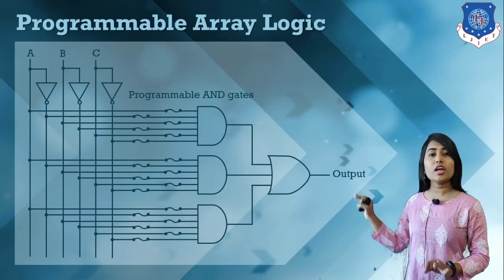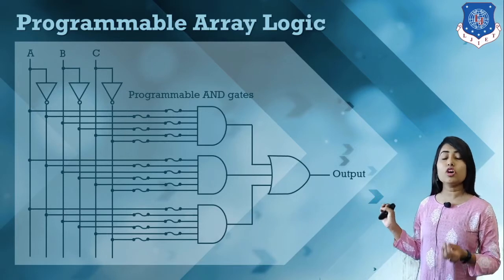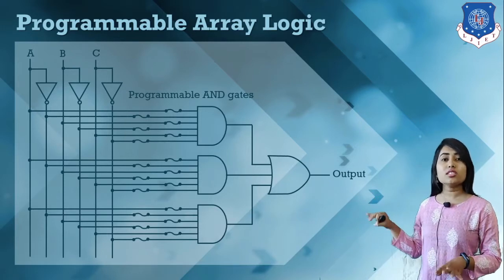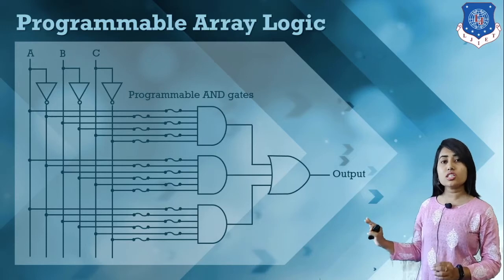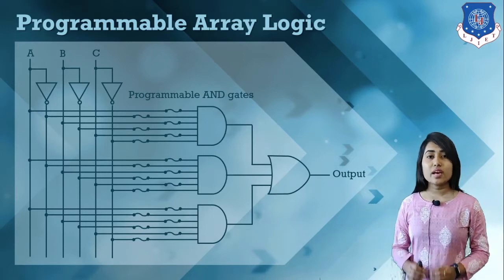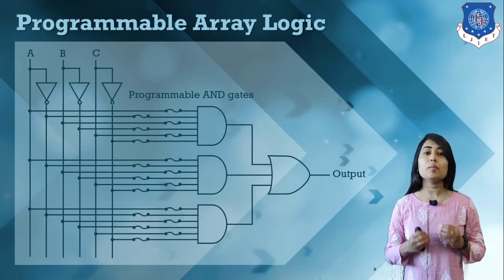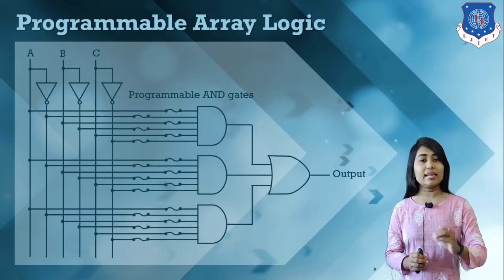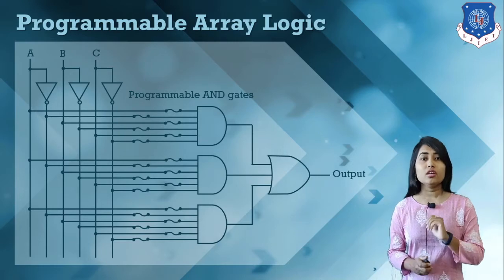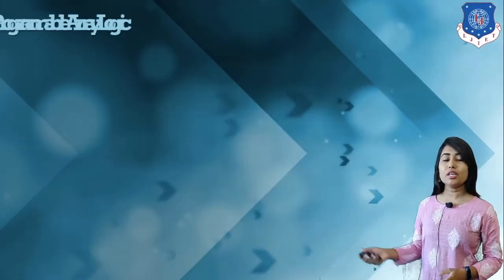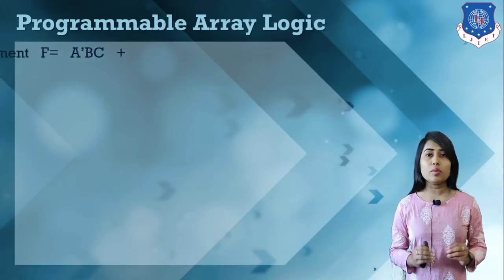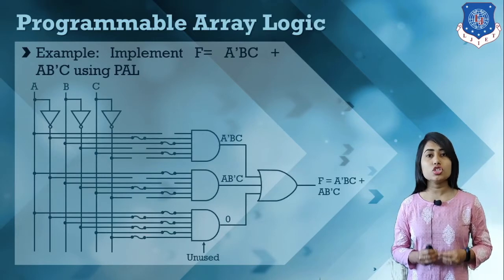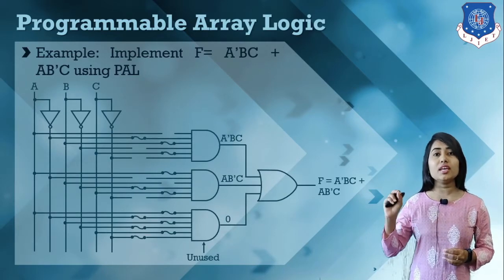We just program the AND gates. That's why this is known as programmable array logic, in which we have programmable AND gates and a fixed OR gate. Here we have one example in which we implement a logical function using this PAL circuit.